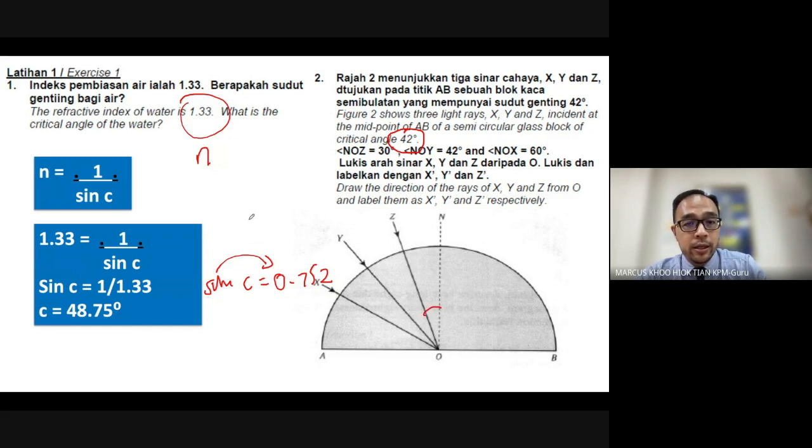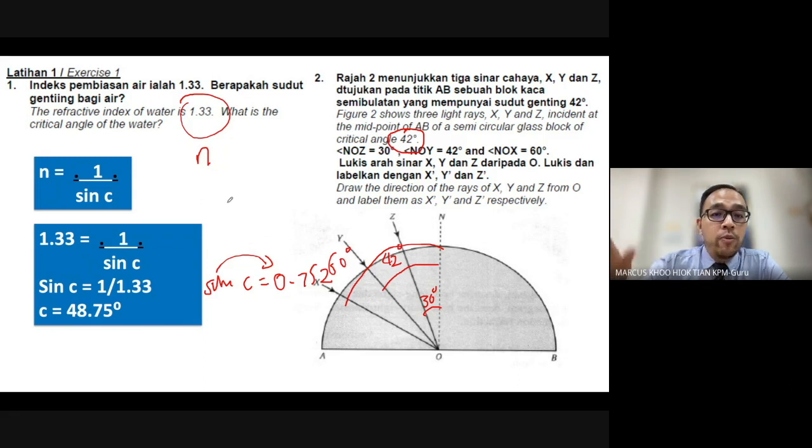NOY is 42. And then the third one, the whole thing over here, is 60. Draw the direction of rays X, Y, and Z from O and label them as X prime, Y prime, Z prime.